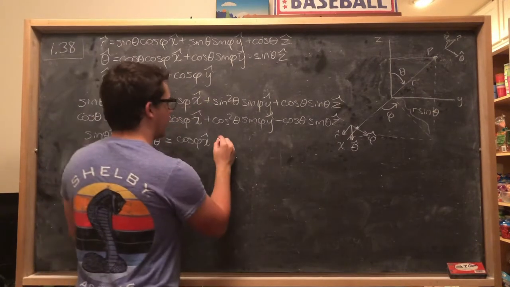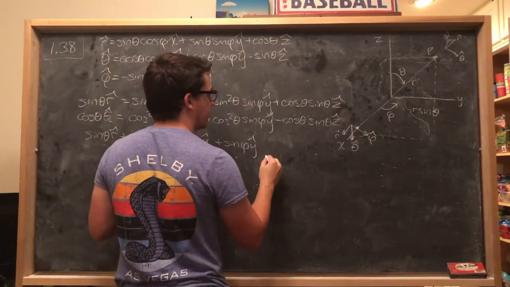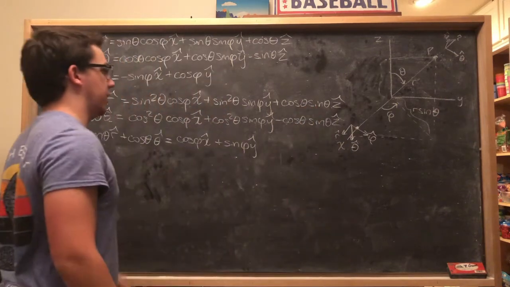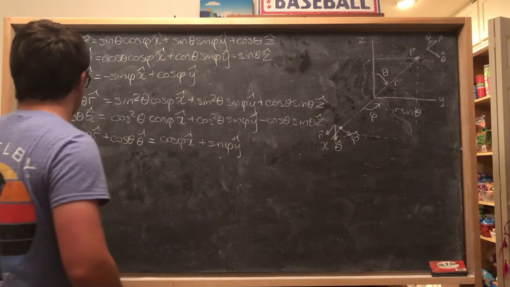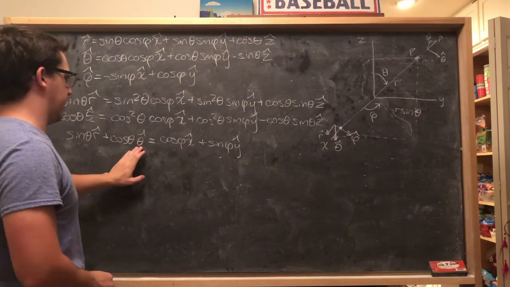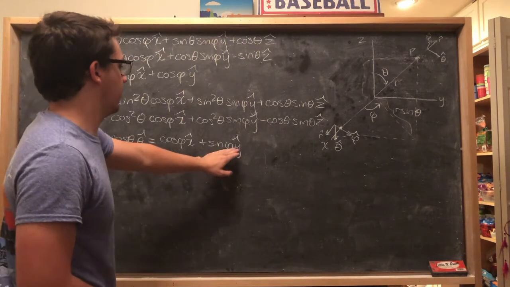Same thing over here, we can write plus sine phi y hat, and then these z hat terms cancel out. So we get sine theta r hat plus cosine theta theta hat equals cosine phi x hat plus sine phi y hat.